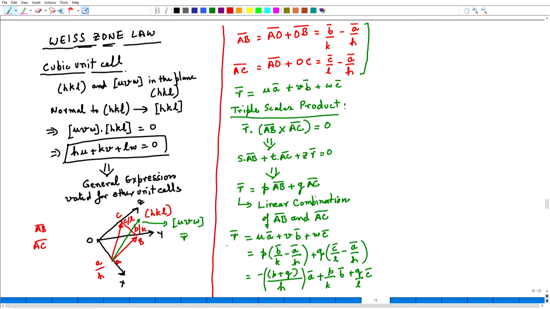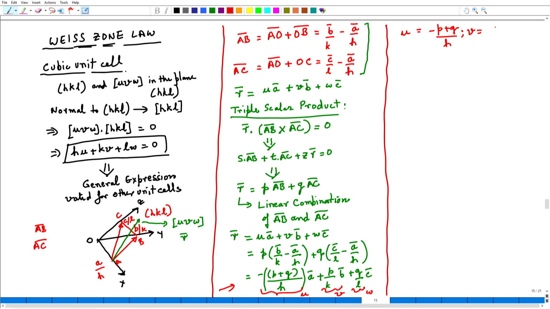So, for vector R to be equal to this quantity, this must be U, this would be V, and this quantity would be W. So, I can write, for UVW, U equals minus P plus Q upon H, V equals P by K, W equals Q by L.